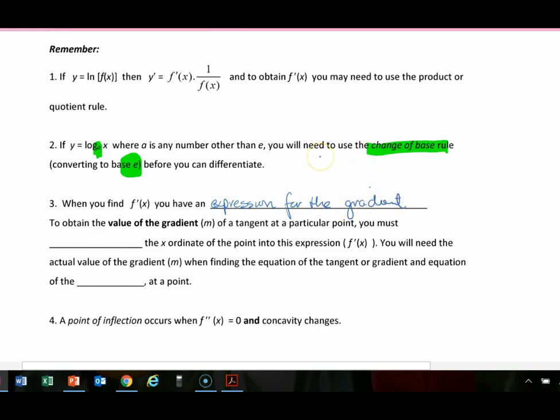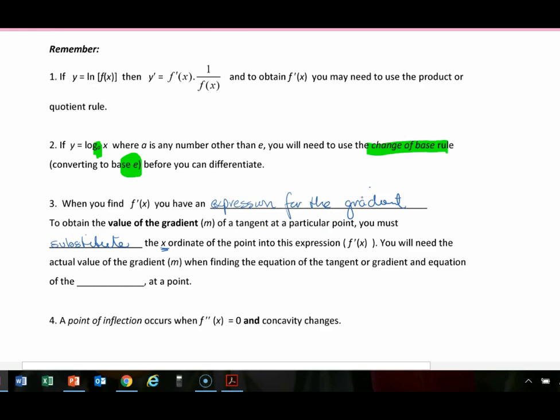So whatever y is, if you differentiate it, you have an expression for the gradient. And just as previously, to find the value of the gradient at a particular point, you must substitute the x value of the point into your gradient expression, otherwise it stays an expression.